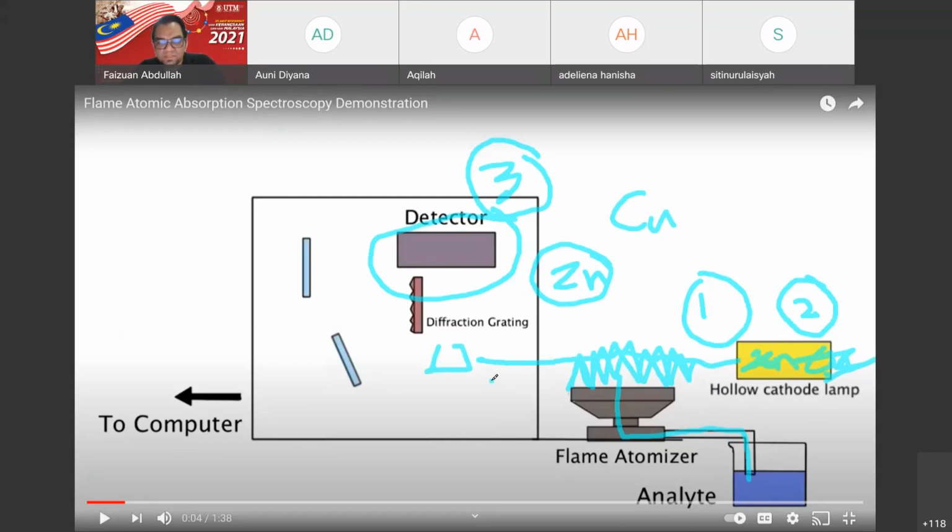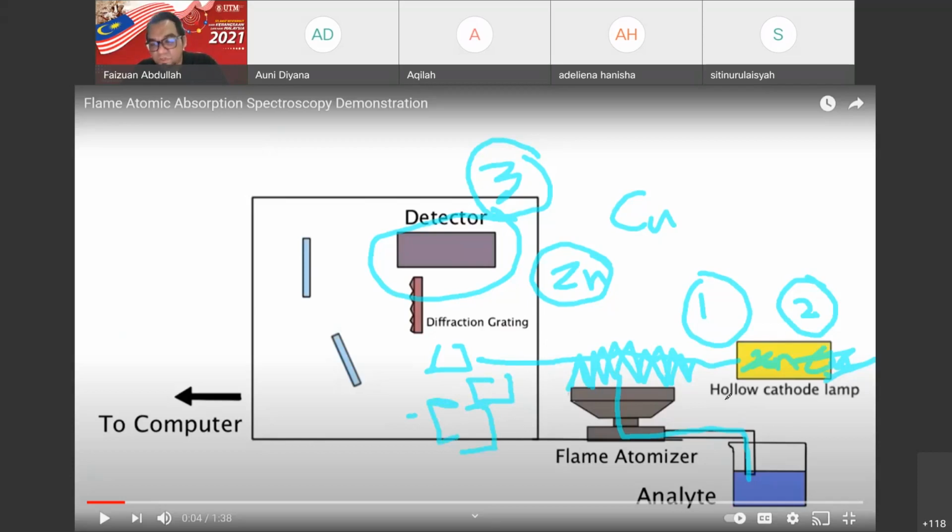How much energy is lost represents how much zinc atom is inside the flame, atomized by the flame atomizer, absorbing some of the energy produced from the hollow cathode lamp. So the amount of energy loss represents how much zinc is in the sample.